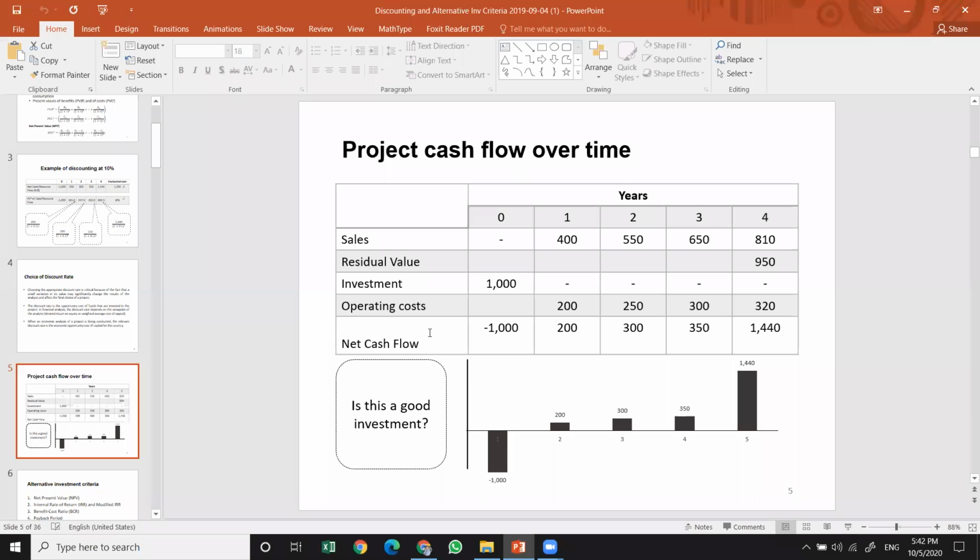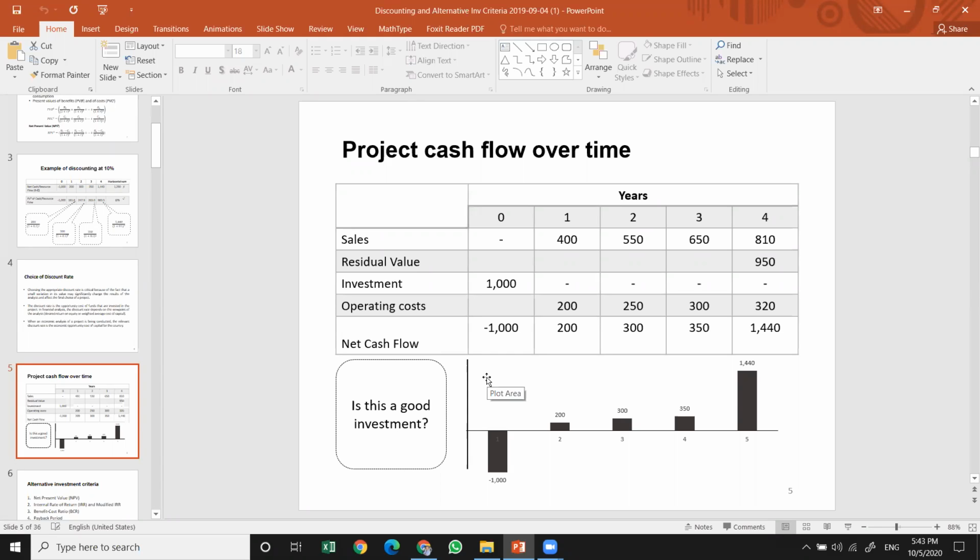So there are some certain projects that are given. If you're familiar with the corporate finance course, you know how to derive the cash flows: operating cash flows after the tax, residual sales minus residual value and minus operating costs, and that creates the net cash flows, and you calculate terminal and operating cash flow and so on.